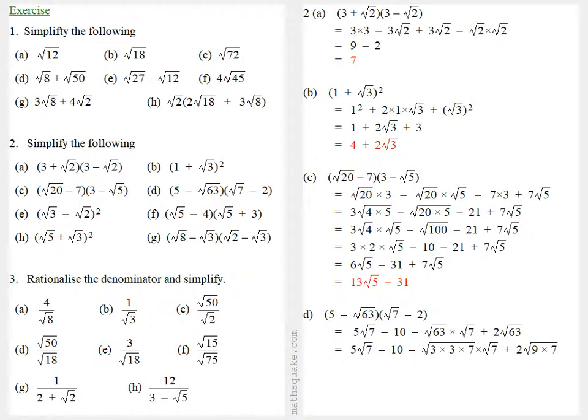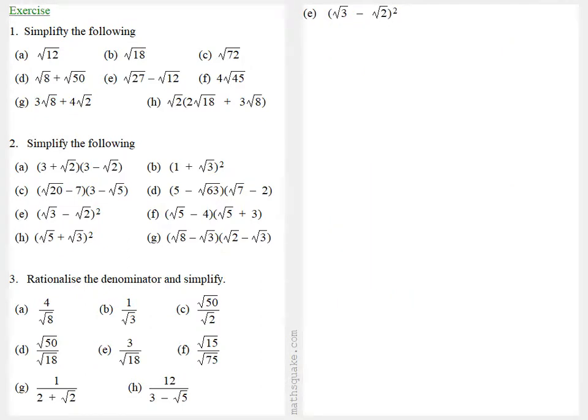Now, this gives us 5 root 7 minus 10 minus the square root of 3 times 3 times 7 times root 7 plus 2 root 9 times root 7, which is 5 root 7 minus 10 minus the square root of 3 times 3 times 7 times 7 plus 2 root 9 times root 7, which is 5 root 7 minus 10 minus 3 times 7 plus 2 times 3 times root 7, which is 5 root 7 minus 10 minus 21 plus 6 root 7, that's 11 root 7 minus 31.